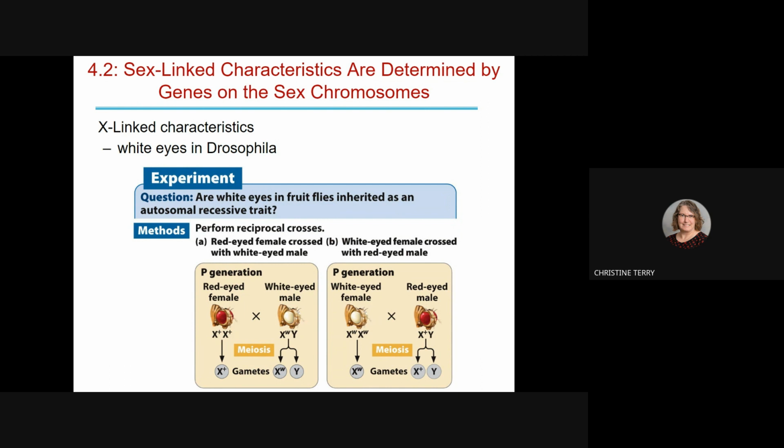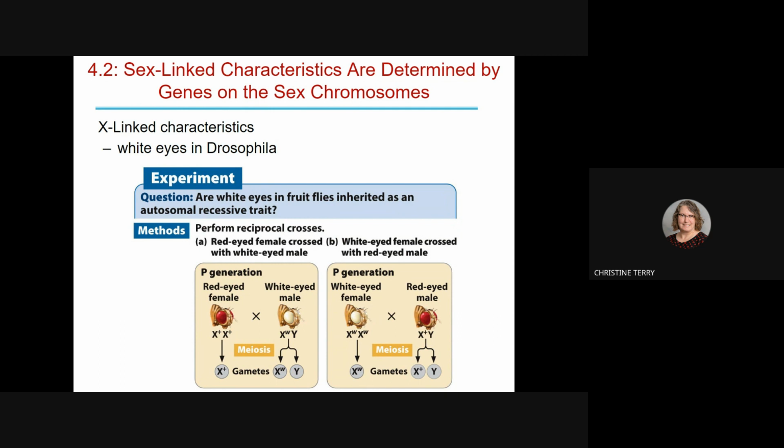This white-eyed male, because we know it's on the X chromosome, half of his gametes are going to have the white-eyed allele on the X, and the other half will have the Y. But if the female is homozygous for the white-eyed allele, now all her gametes would have the white-eyed allele, and for the red-eyed male, half of them would have the wild-type X, and half would have Y.